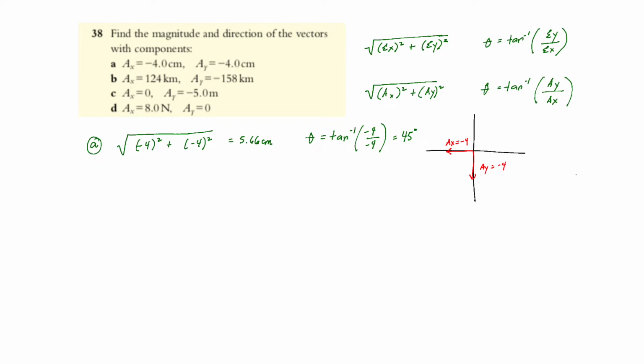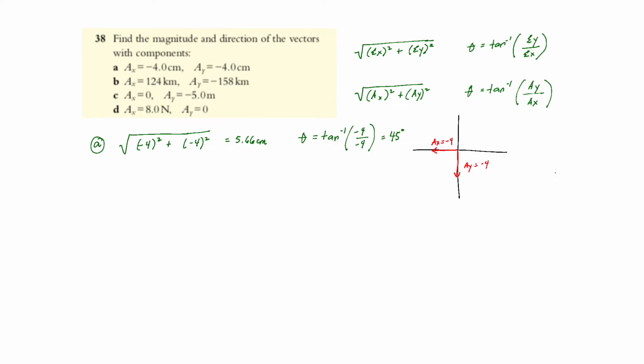Remember that when you are getting the arctan in the calculator, your answer would be a reference angle, and that is actually the reference from the x-axis. Since we have negative 4 and negative 4 here, that would be placed in the third quadrant, and therefore this will be our 45 degrees.